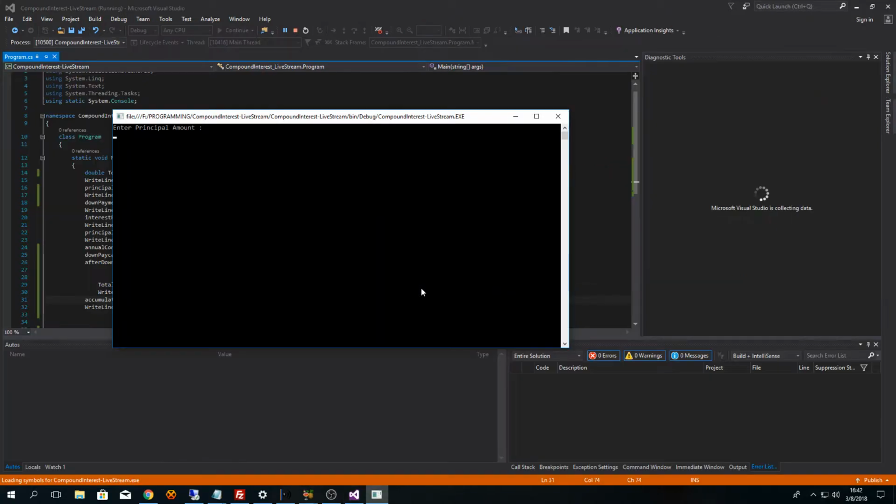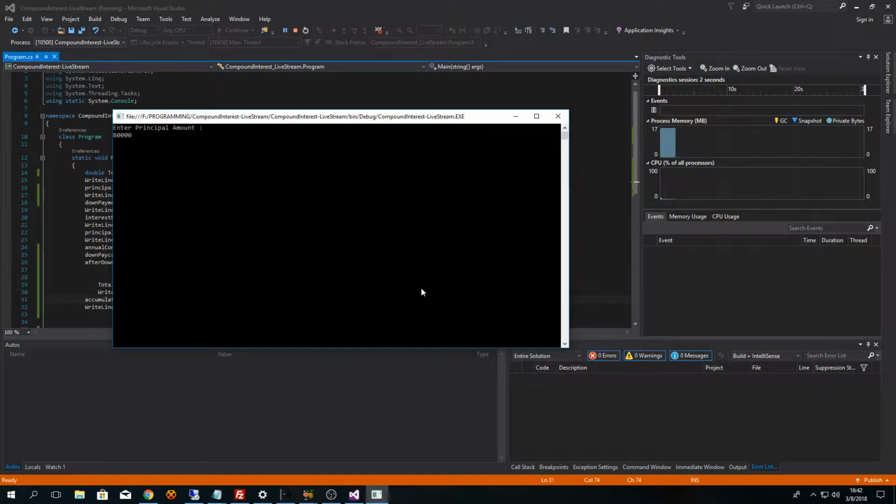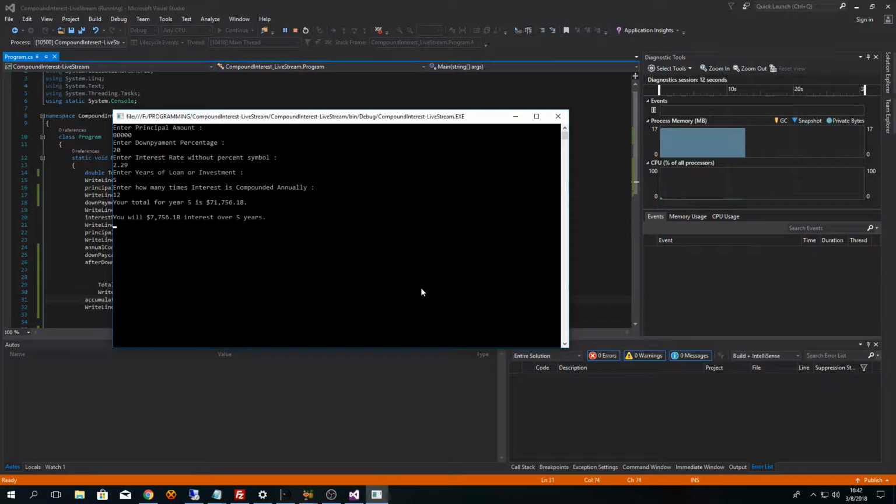There. That should make more sense. So 80,000. 20% down payment. Interest rate is 2.29. 5-year loan, compounded 12 times annually. There we go. That's exactly right. Perfect. So you'd be paying about $7 grand.